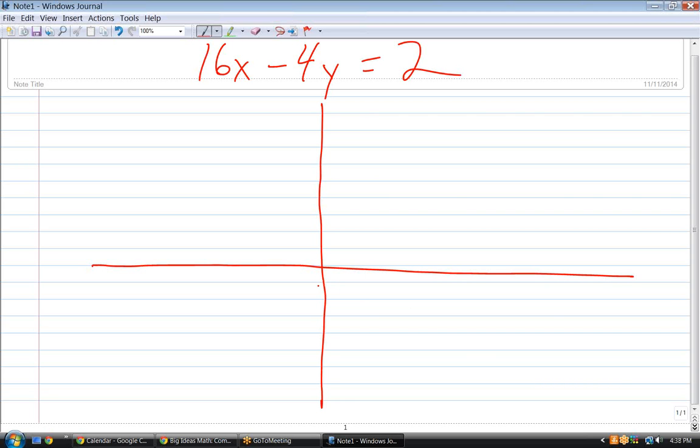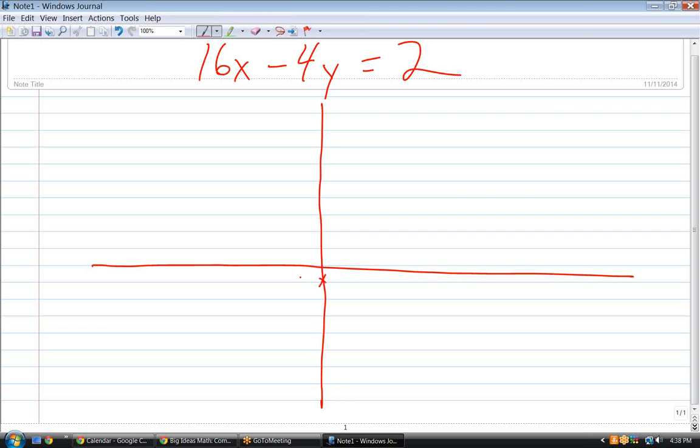Just the y-intercept. Well, that would be the y-intercept, right? Right, but it's not negative 2. Plug in 0 for x and solve the equation for y. Oh, negative 1/2, sorry.